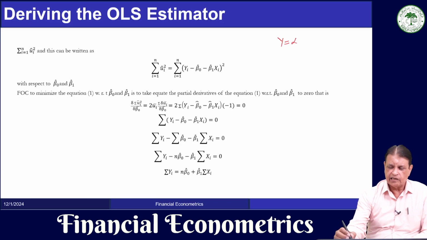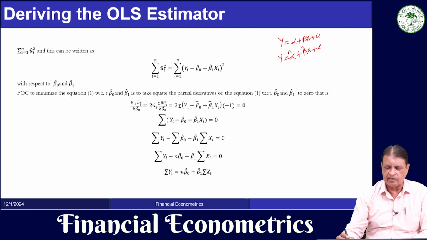We have y = alpha + beta x + u. This is the population regression function, and this is the sample regression function, where we have y = alpha hat + beta hat x + e. This e is the sample residual, that is the estimate of u, the population disturbance term. We can call this the sample disturbance term, if you like.